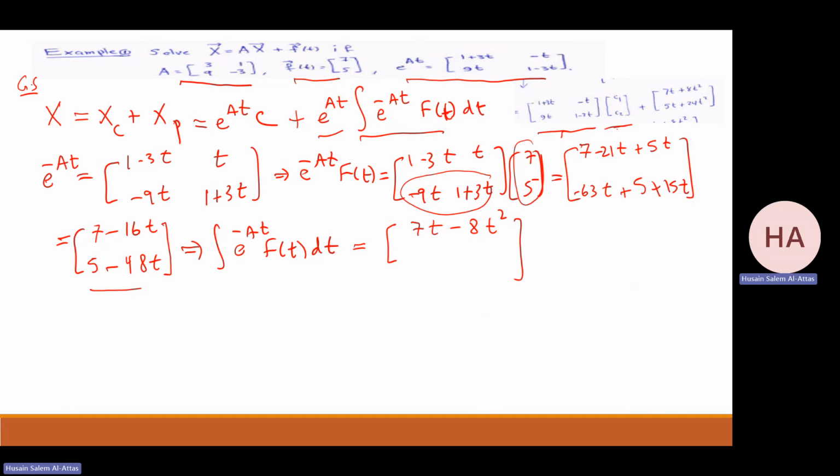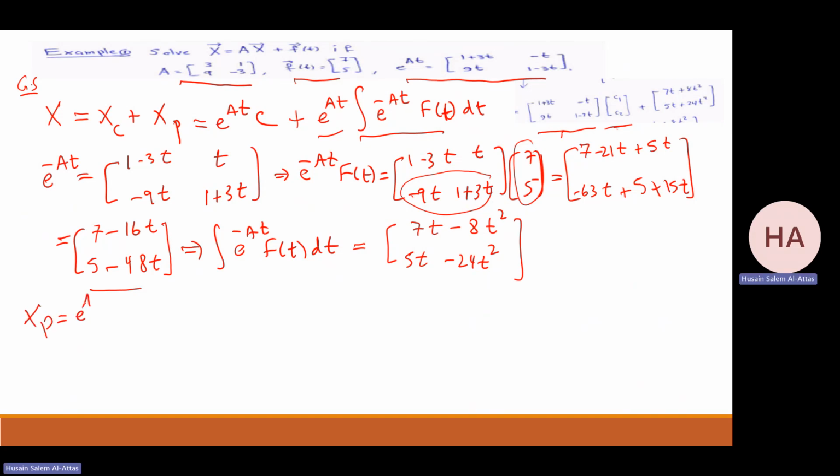And this one is what? 5t minus 24t squared. Let me check. Now, yeah, integrate this, 7t minus 8t squared. That will be minus 16t. 5t minus, okay.